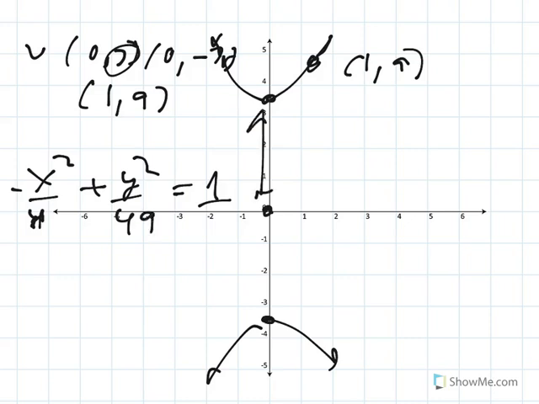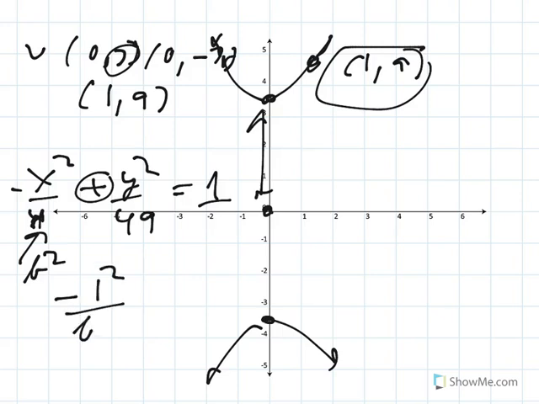It's up-down. Also, the a squared always goes underneath the one that's positive. But I don't know what b squared is. So the way I get that is just take the known point, which is (1, 9), and plug it in for x and y.